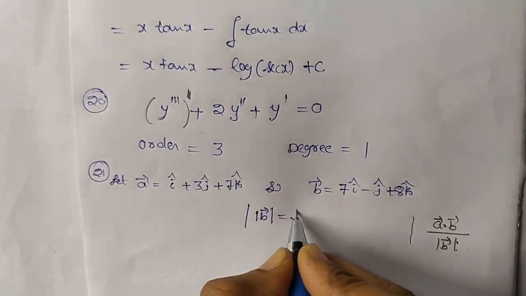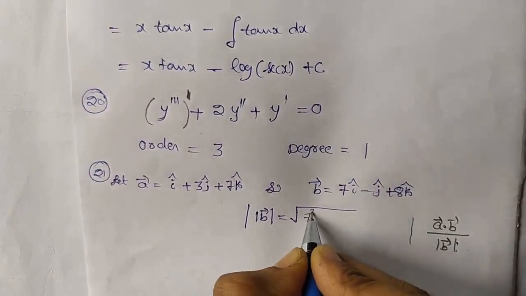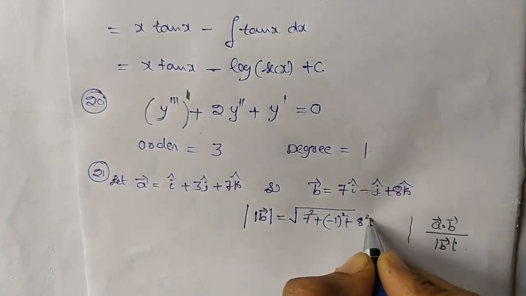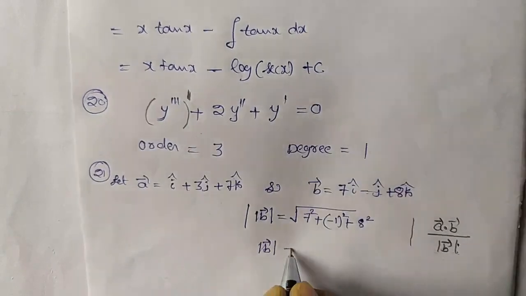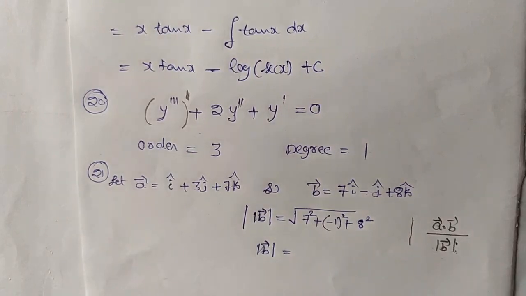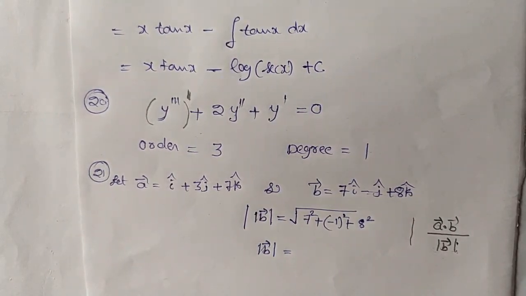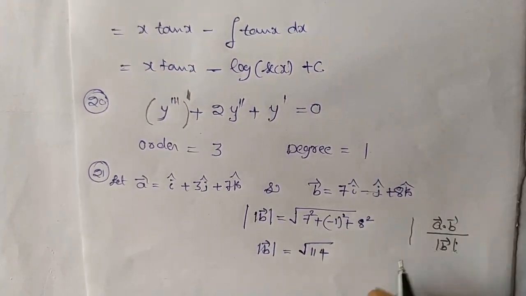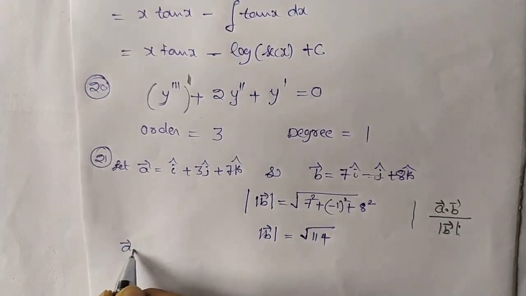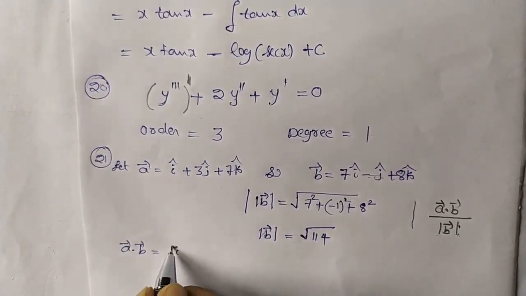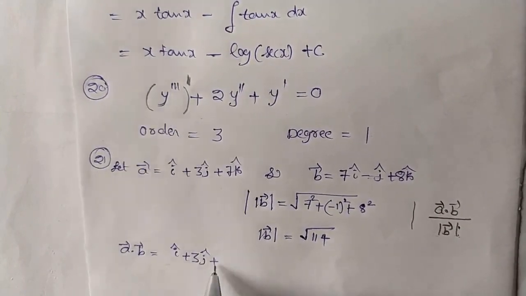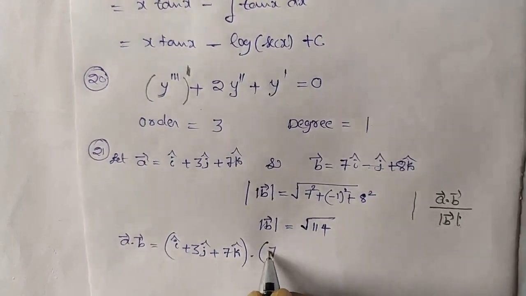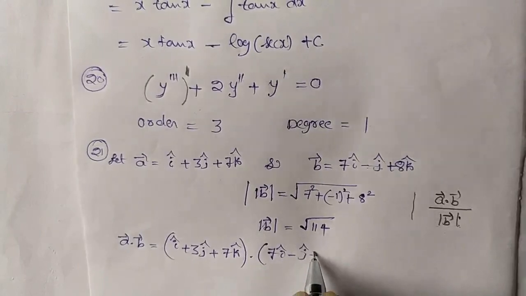So magnitude of B equals the square root of the i component squared, 7 square, plus the j component squared, minus 1 whole square, plus the k component squared, 8 square. So magnitude of the b vector equals 7 square is 49, 49 plus 1 is 50, 50 plus 64 is how much? 114. Square root of 114. Now find A dot B. A vector dot B vector equals i plus 3j plus 7k dot 7i minus j plus 8k.